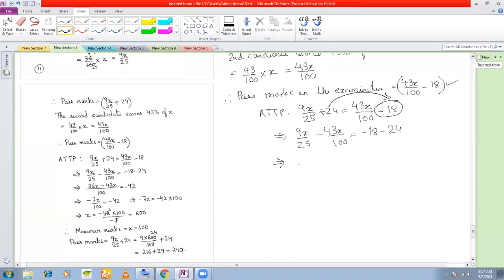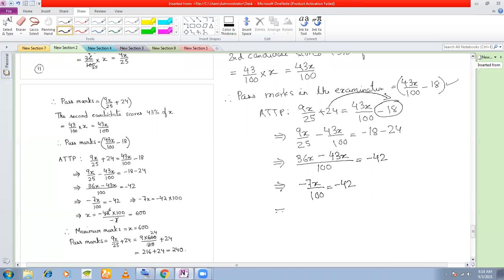Okay. So now LCM of 25 and 100 will be 100. So 100 by 25 is 4, and 4 into 9x is 36x minus 43x is equal to minus 42. So that means 36x minus 43x is minus 7x by 100 is equal to minus 42.